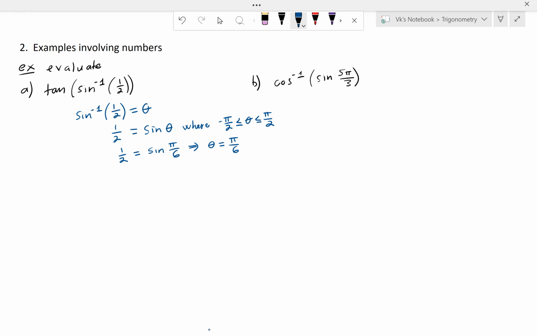And then from there, we just have to figure out tangent of pi over 6. Tangent of pi over 6 is root 3 over 3.